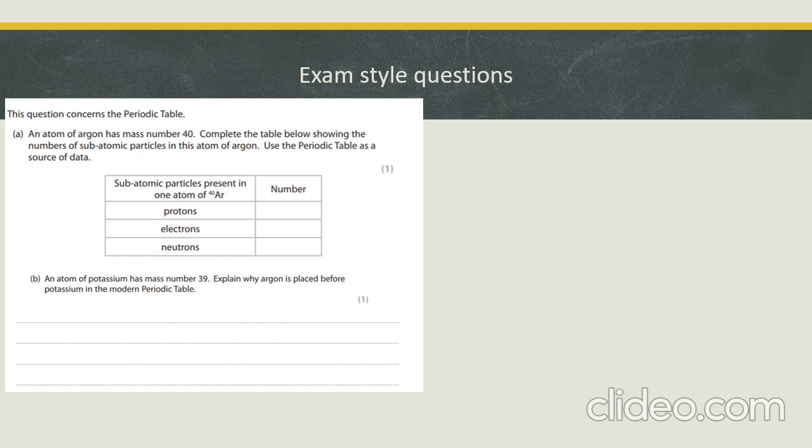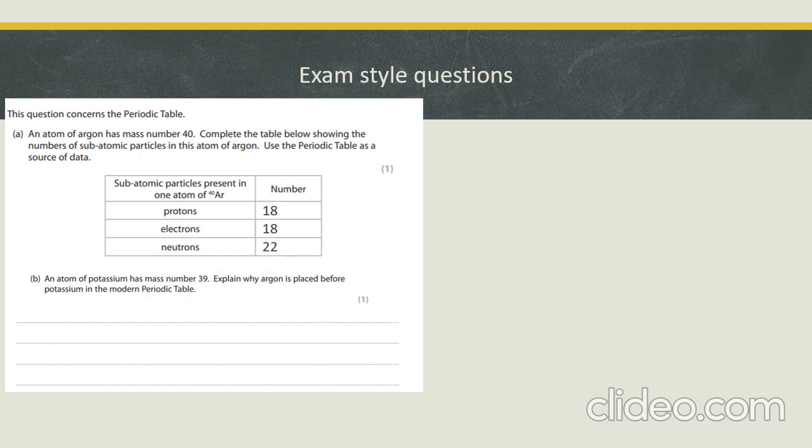So we see that it has a mass number of 40 and an atomic number of 18. So the number of protons is 18. The number of neutrons is 40 minus 18, which is 22. And the number of electrons is the same as protons, 18. So 18, 18, and 22.